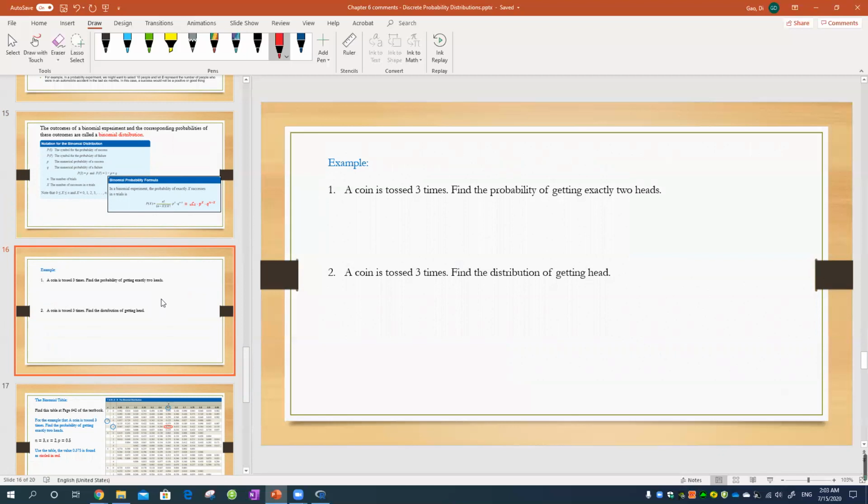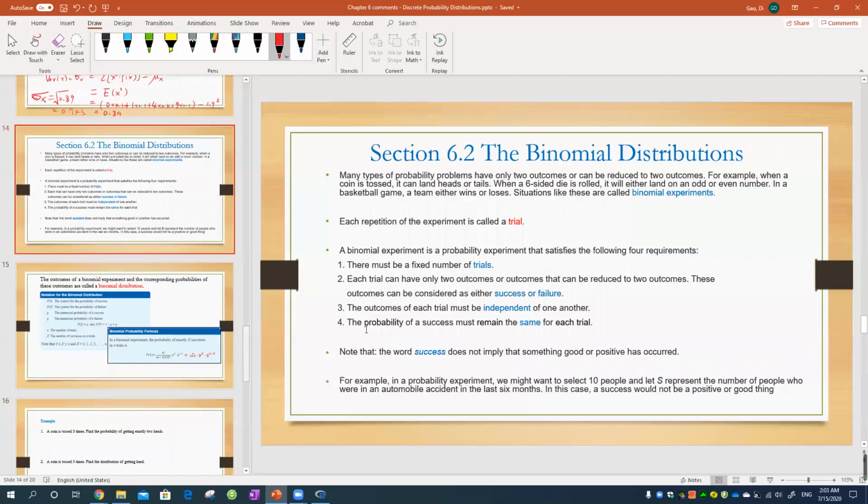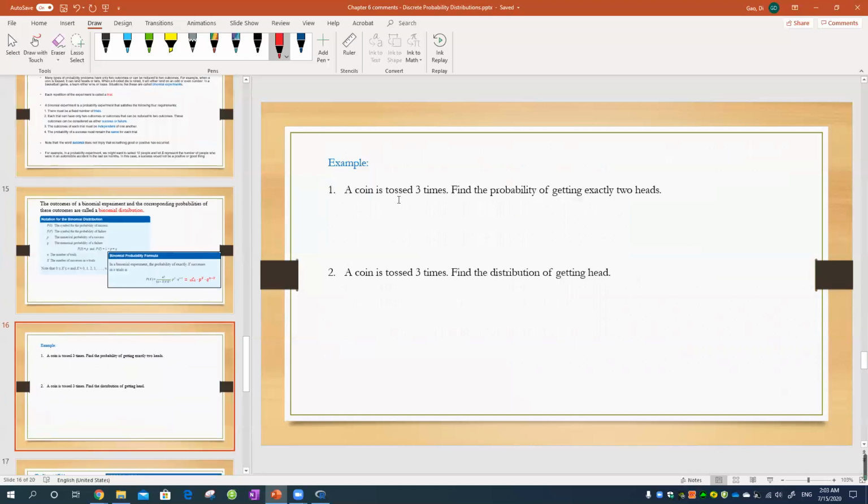This is actually a binomial experiment because it qualifies for the 4 requirements. We have a fixed number of trials. What is the fixed number of trials? It's 3 times.